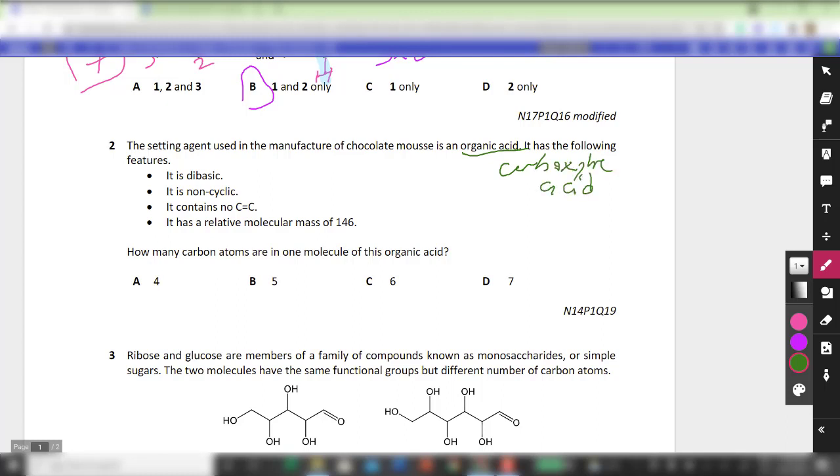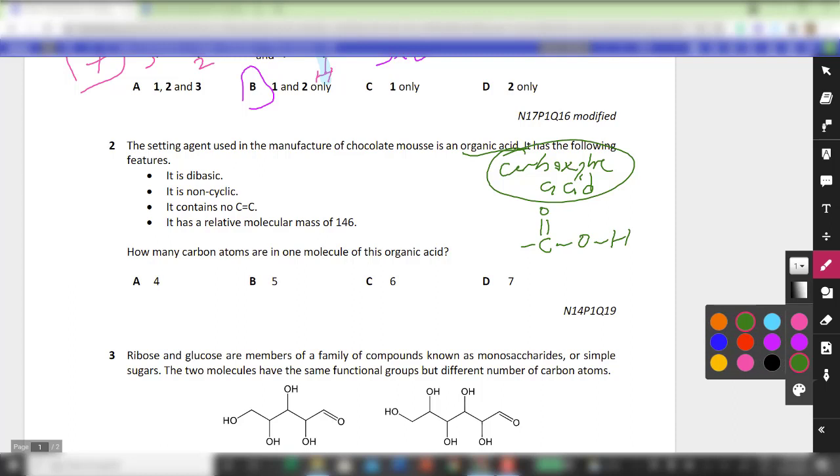So just take note that it could be a carboxylic acid. So if it's a carboxylic acid, that will mean that I need to have a carboxylic acid group over here. For a carboxylic acid group, if you do a quick count, the Mr is 45. So that's 12 plus 32 plus 1, so that's 45.